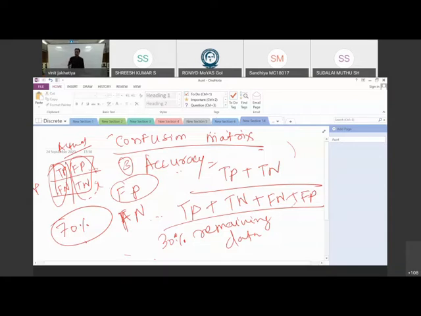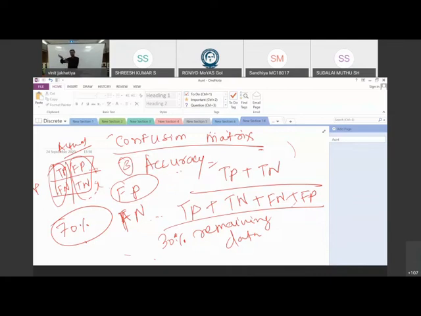False negative means, let's say, some doctor is saying the person is negative, but he is positive. That means it is a false negative case, which is a quite dangerous scenario. It might cost the life of a person. I don't want to blame doctors or anyone.